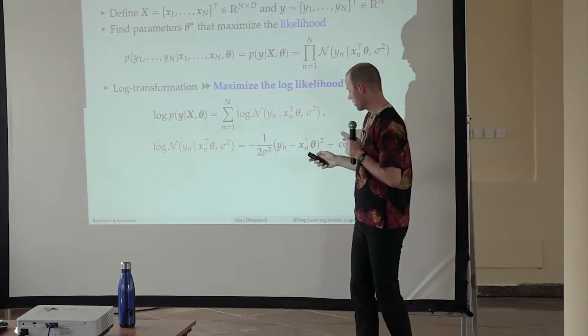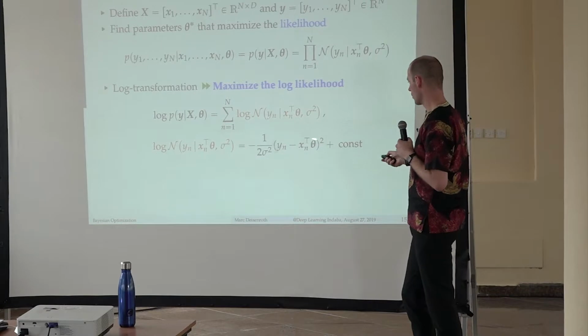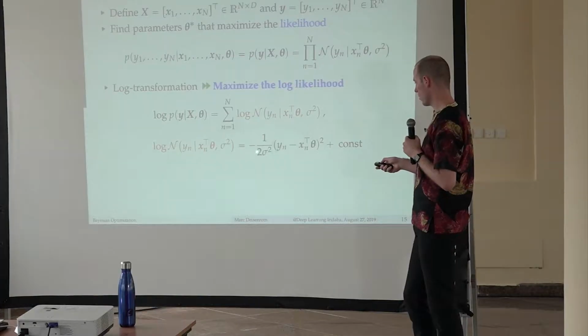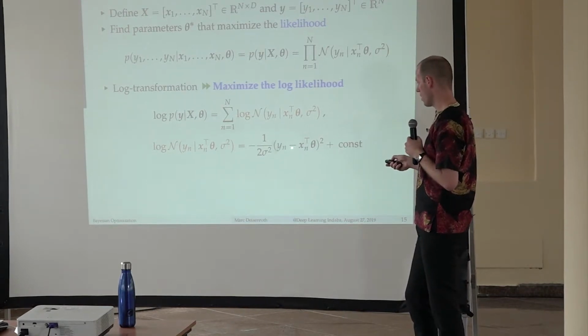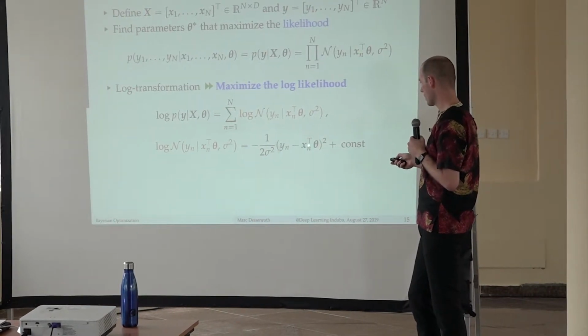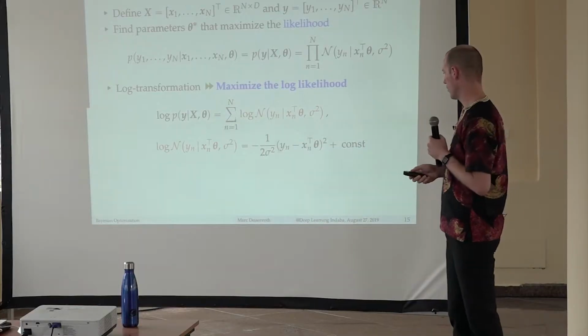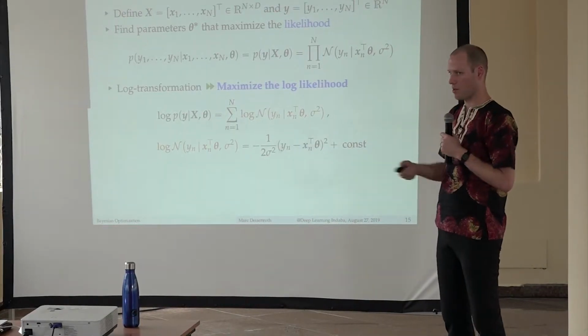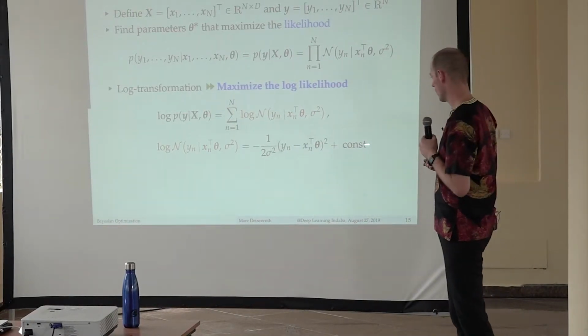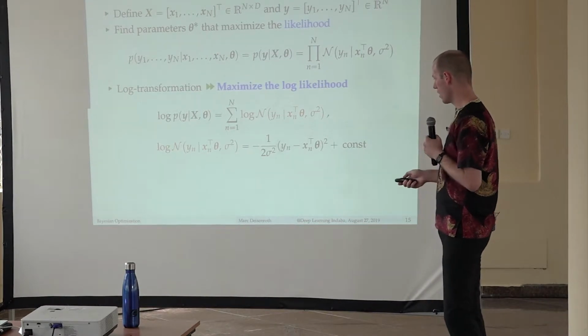The log Gaussian distribution looks like this: minus 1 over 2 sigma squared, and then we have this term here, which is (yn minus xn transpose times theta) squared, and we have a constant here that is independent of theta. We want to maximize with respect to theta, so we can ignore that constant.